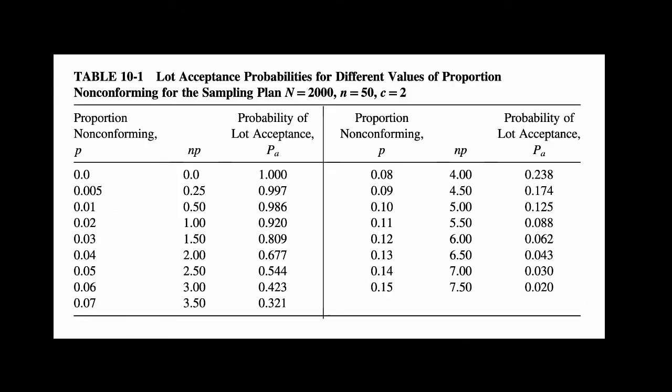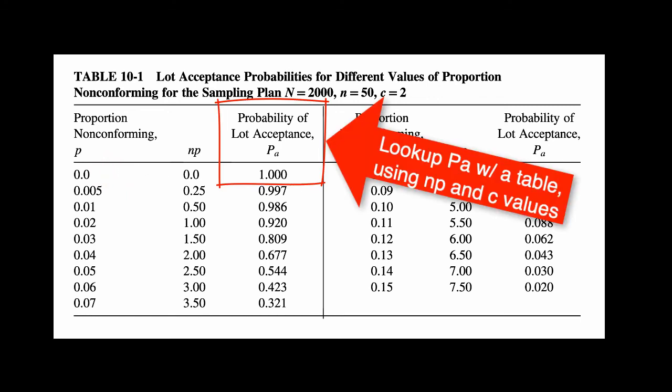This is a table taken from the course textbook showing the process of determining the probabilities of acceptance for the various p-values, proportion non-conforming. What we're going to do is hypothetically assume that we have 0 proportion non-conforming and multiply that times n, which is going to be 0, and use that number to look up the corresponding probability of acceptance, which in this case is 1.0.